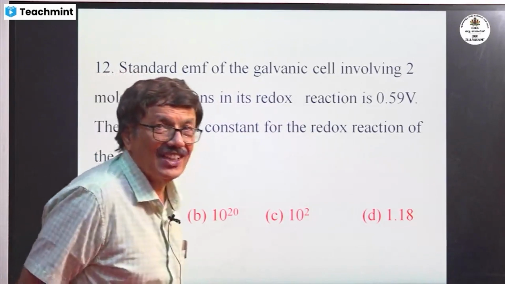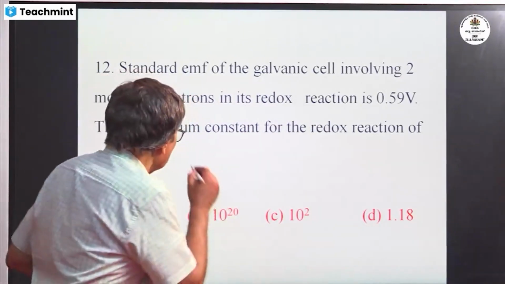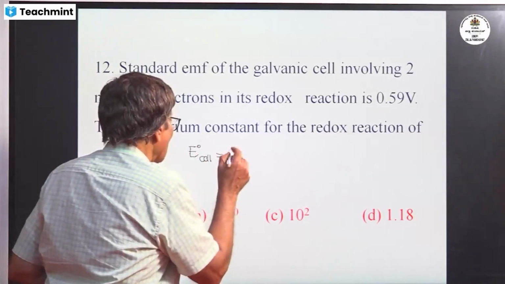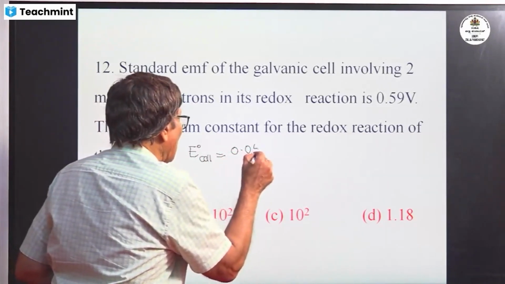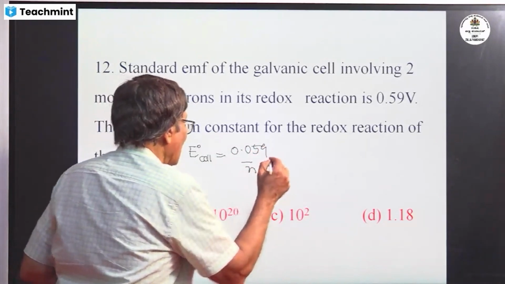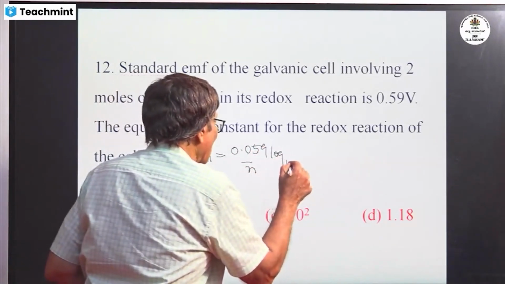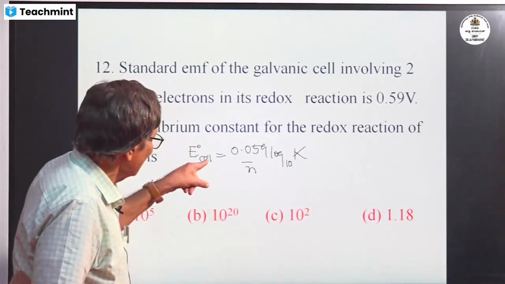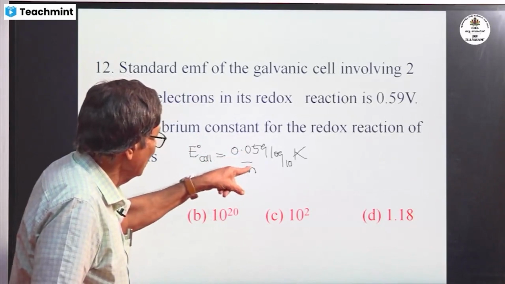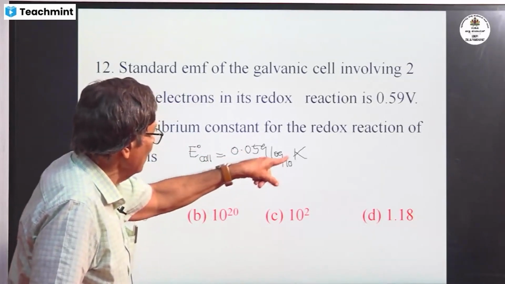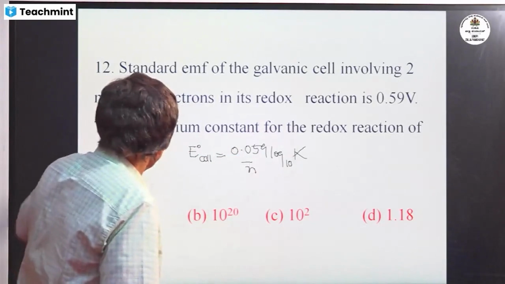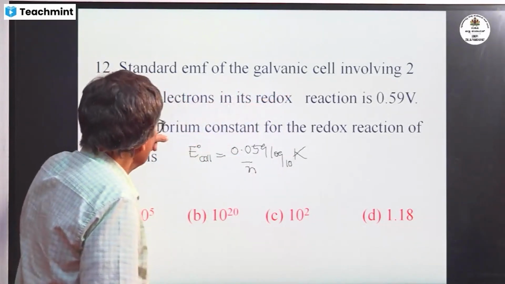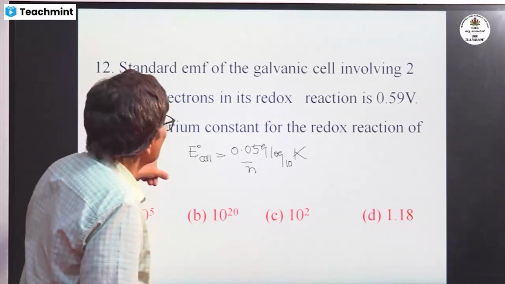See, the relationship is E naught of the cell is equal to 0.059 by n log to the base 10 of the equilibrium constant. This is the relation.